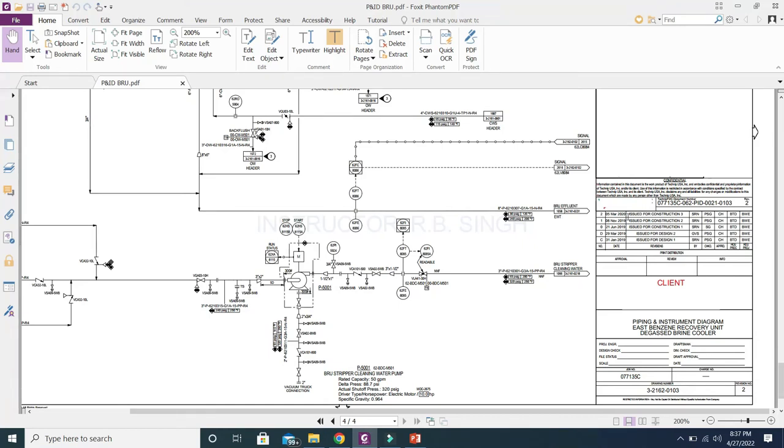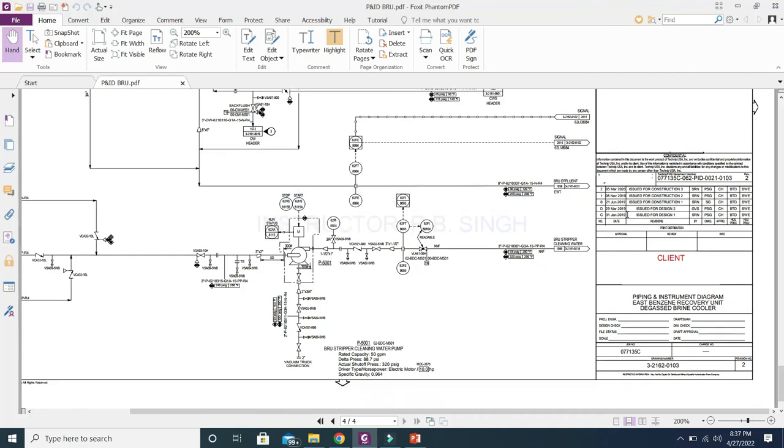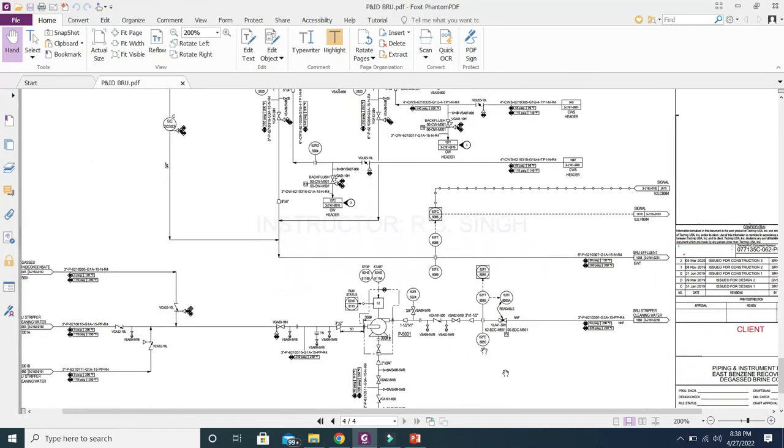So this revision block is important to know the latest revision of the P&ID, so that we do not miss any important information. If by mistake we work on an older version of the P&ID, that could cause a mistake in our engineering, and that would be wrong engineering. So always update and always know this information, so that no mishap happens.